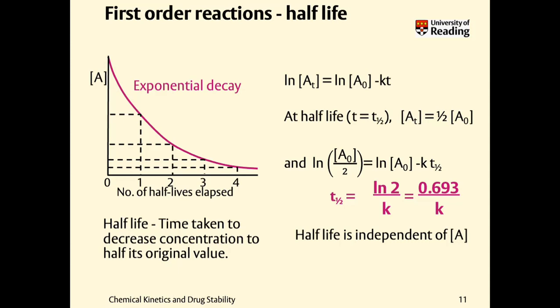If we do this, we end up with an equation that says the half-life equals the natural log of 2, which is 0.693, over k. So you can see that the half-life is constant, and we can determine the half-life if we know the rate constant.